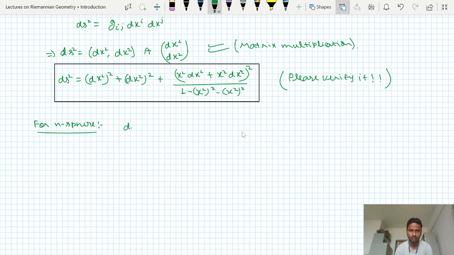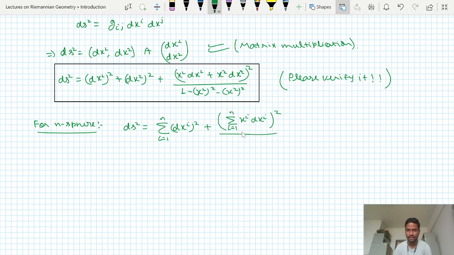This will look like ds square equals the summation of dxi square, with i running from 1 to n, plus the summation xi dxi, with i running from 1 to n, squared. That is the numerator.